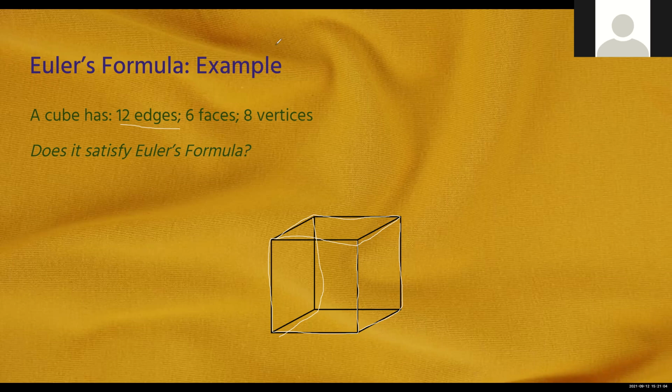Okay, I'm seeing some answers in the chat, and yes, the answer is that it does fulfill Euler's formula. This is because it is a polyhedron, right? We can sub it into the equation, and we get 8 minus 12 plus 6 is equal to 2. And we can see that that is true. So we know that it works on a cube.